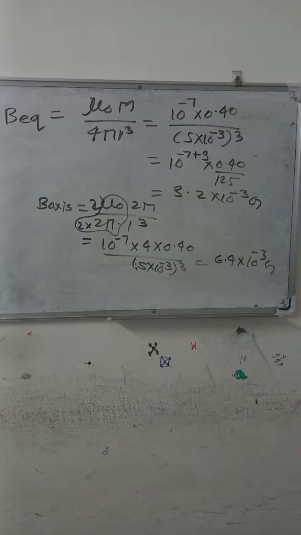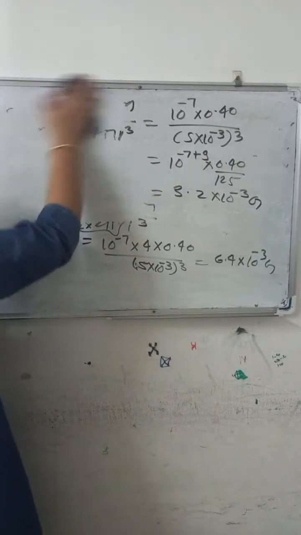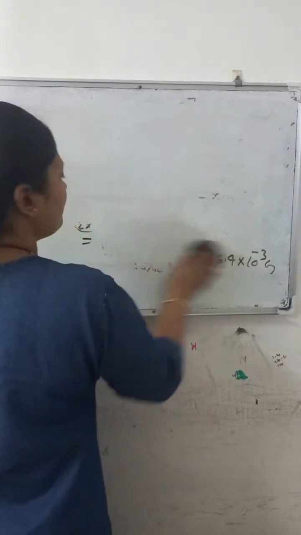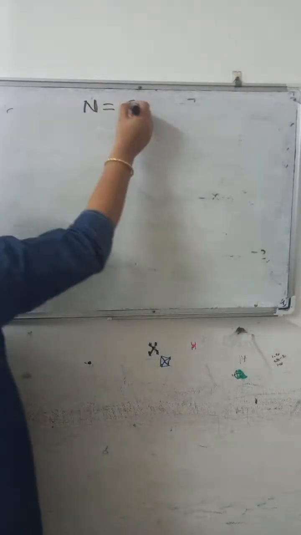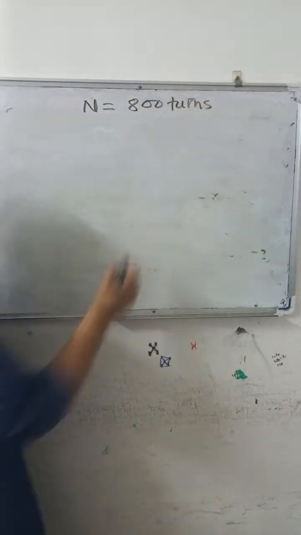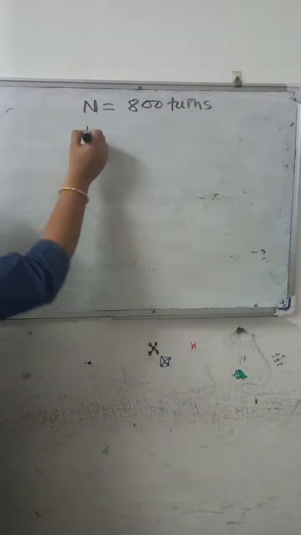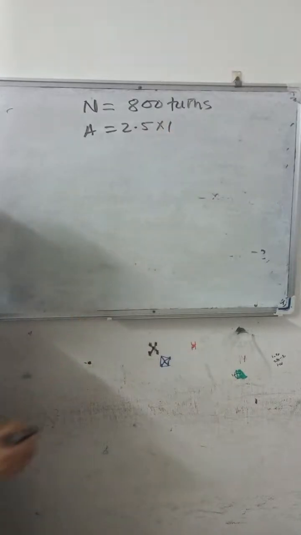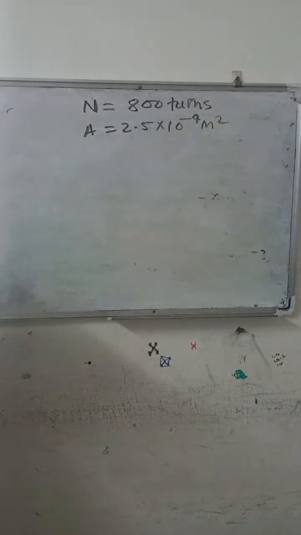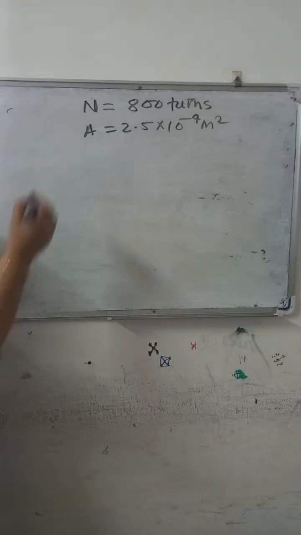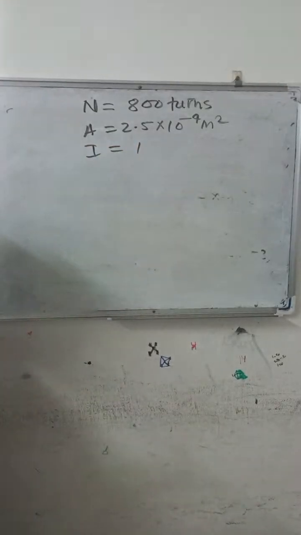Here N is given, 800 turns. Area A is 2.5 into 10 raised to minus 4 meter square, and current I is 3.0 ampere.